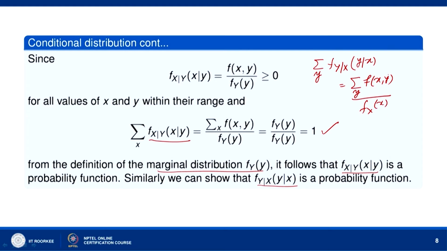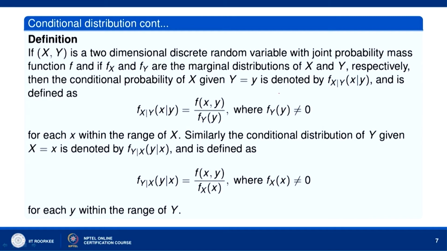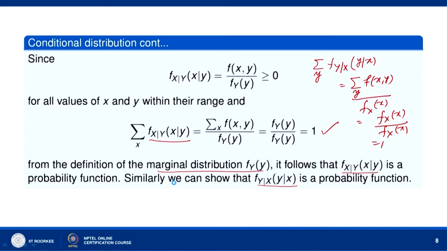Now, here we are summing over all y with x fixed, so we get f_X(x) divided by f_X(x), which is equal to 1. So, both the conditional distributions are probability functions. This is the conditional probability function of X given Y equal to y, and this is the conditional probability function of Y given X equal to x.